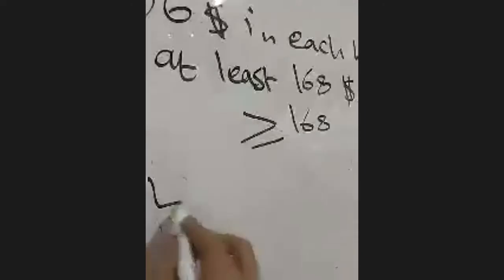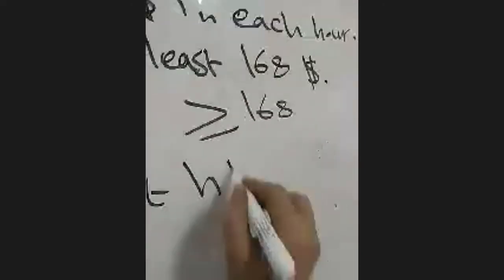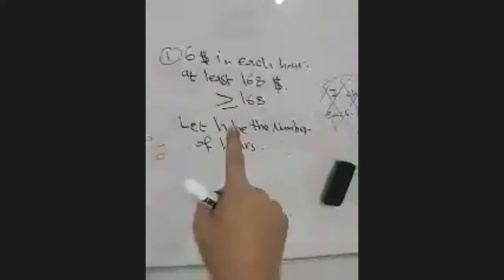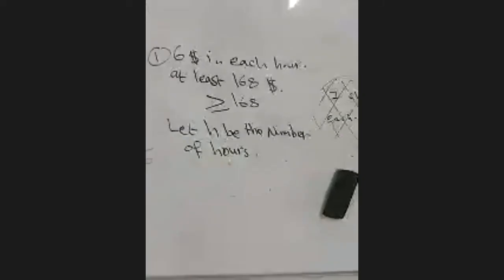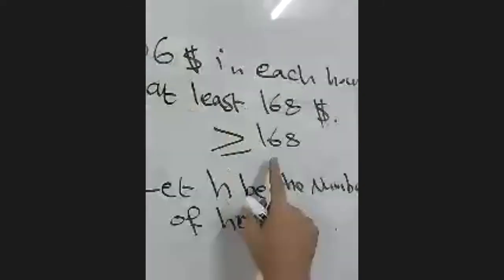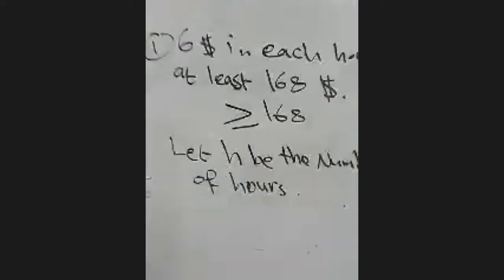Good. So what we will say, guys, here, let H be the number of hours. Now, if we multiply the number of hours by 6, it will be the total of the money, right?